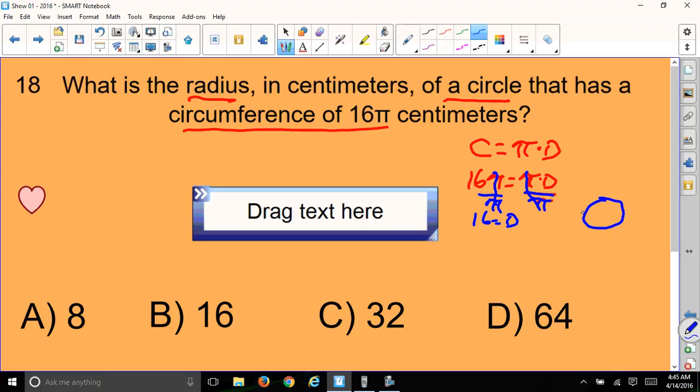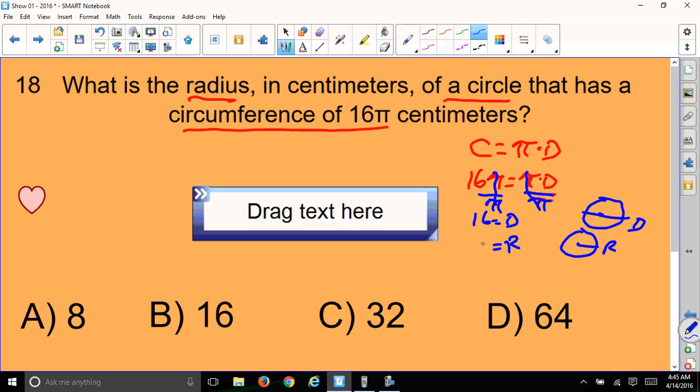And if you remember, the diameter is the line that cuts the circle in half. And we know the radius is the line that goes from the center of a circle. So this is a radius, and that's the diameter. That's the difference between the two. The radius is half of the diameter.